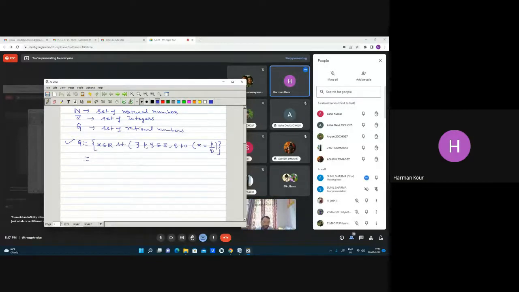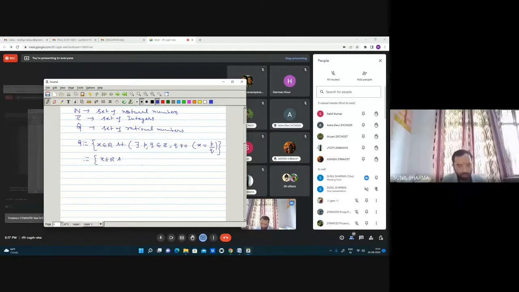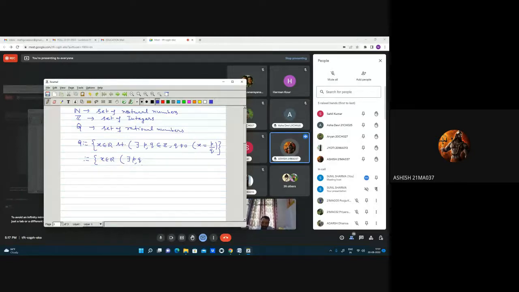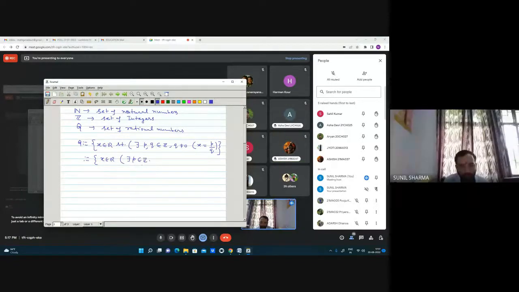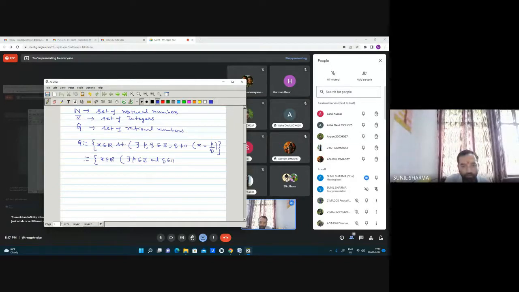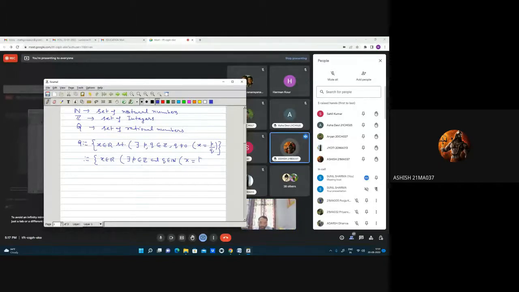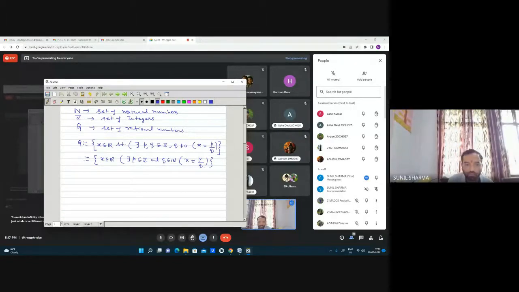Ashish: Sir, X belongs to real numbers such that there exist P belonging to integers and Q belonging to natural numbers, such that X is equal to P by Q. Very good.